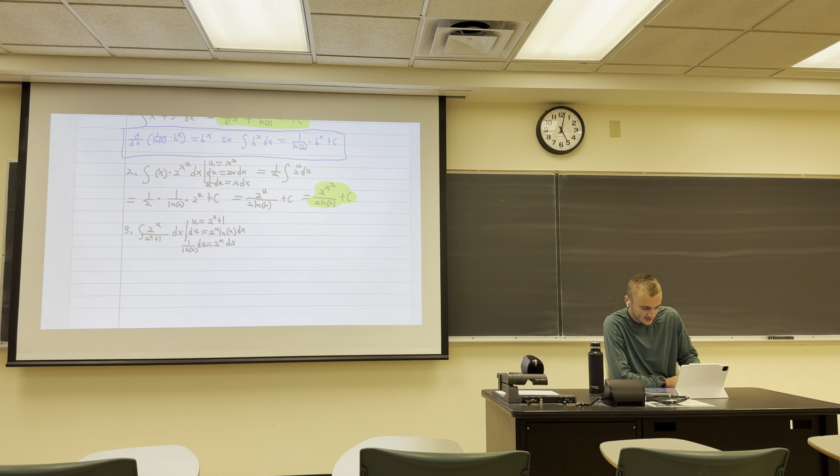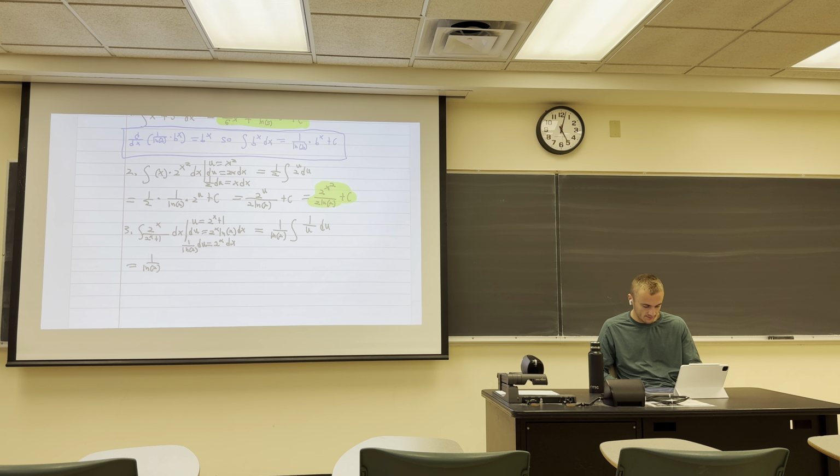Now that we have our u substitution out of the way, we'll write 1 over ln of 2 integral of 1 over u du. Now this is a pretty straightforward problem. So 1 over u evaluates to ln absolute value of u. That should be a Calc 1 property that you remember.